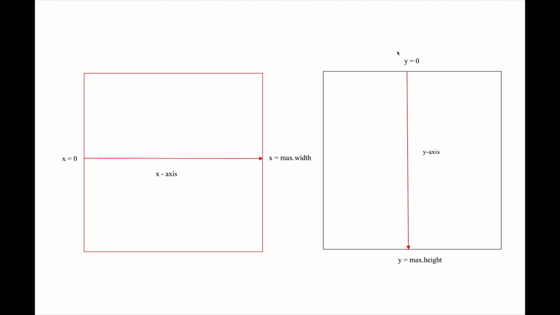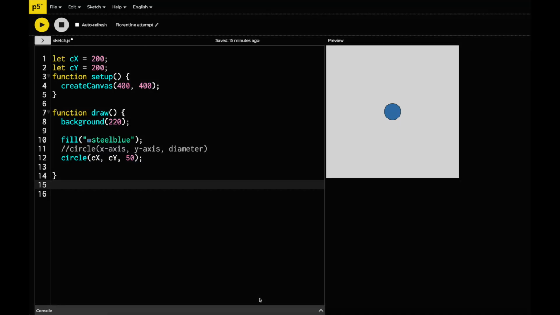In the same way, in the y-axis, we have the y 0 position at the top, and as we move down and reach the maximum height, we have the maximum value of the y-axis. Now we have an understanding of how the x-axis and the y-axis work.